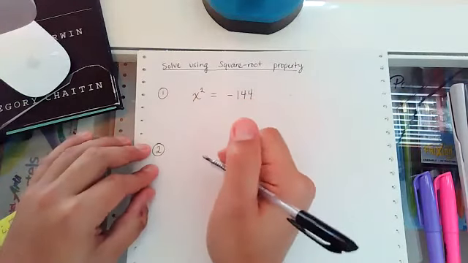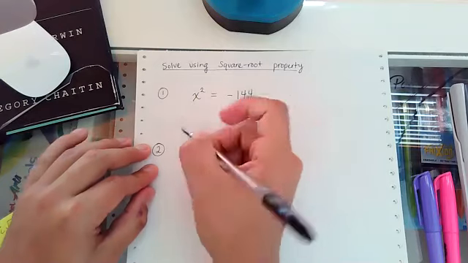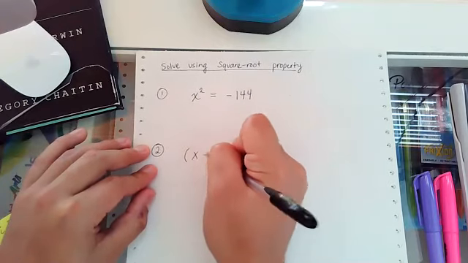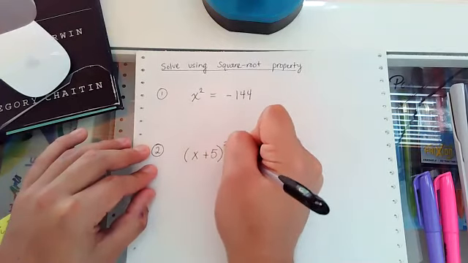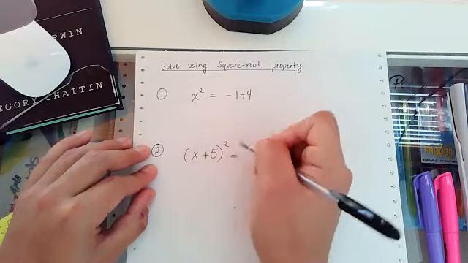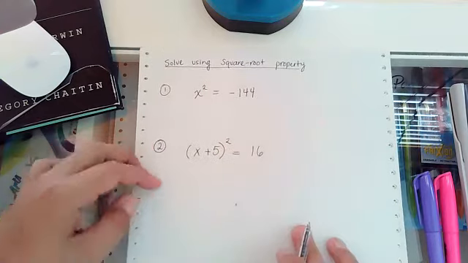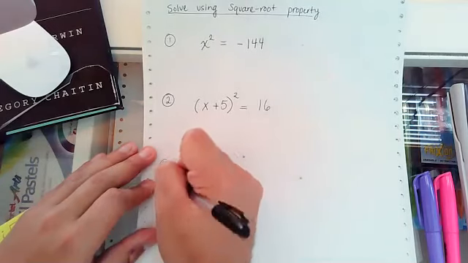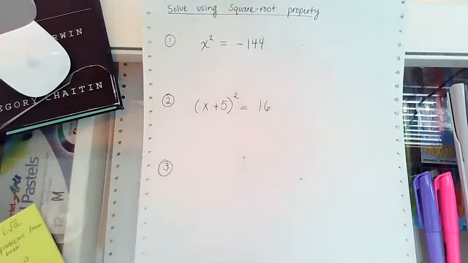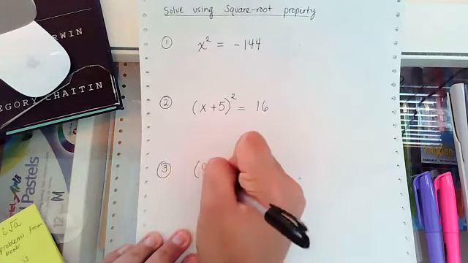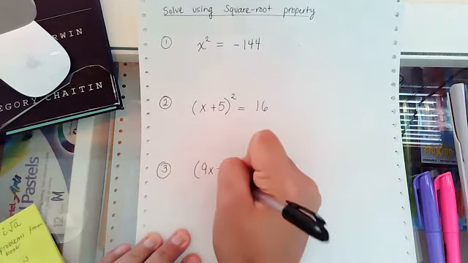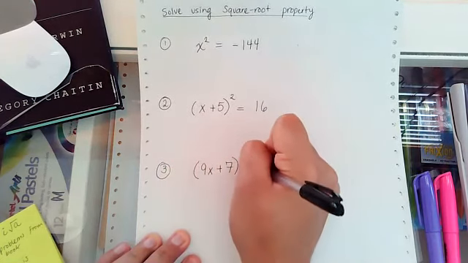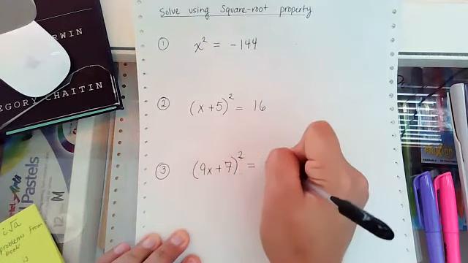And then challenge yourself by trying to solve this next one. X plus 5 squared is equal to 16. And then if you're feeling really froggy, (9x) plus 7, that whole quantity squared, is equal to 11.